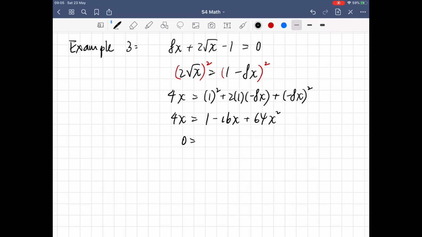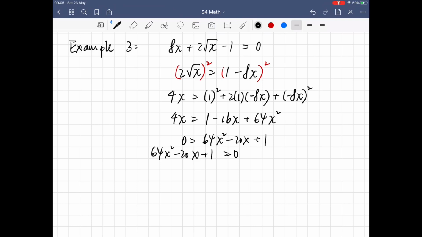Again, we can form a quadratic equation: 64x squared minus 20x plus 1 equals 0.